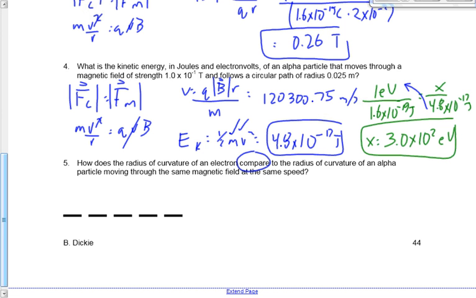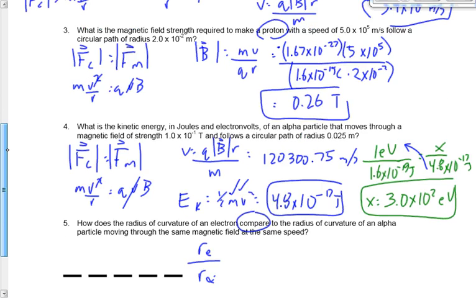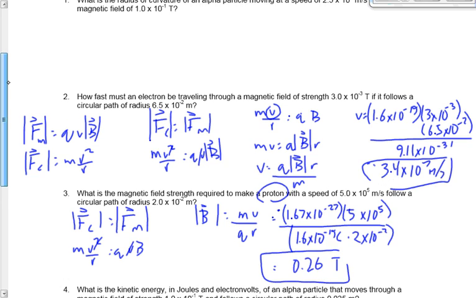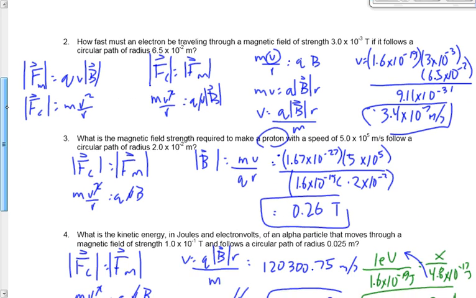Let's say the radius of the electron's path to the radius of the alpha particle's path. If we go back, it doesn't look like we solved for radius in any of these, actually.